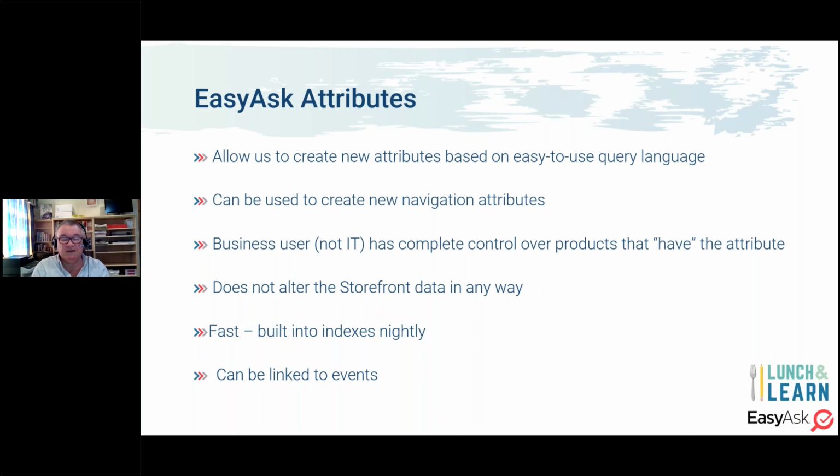So being able to specify which products match the attributes you create using a query language, and obviously totally under the control of you, the business user. And obviously this allows you to create new navigation attributes. The upside side effect of that is that the attribute values also become searchable. And so as you'll see when we look at some examples, there's some great kind of benefits to that.